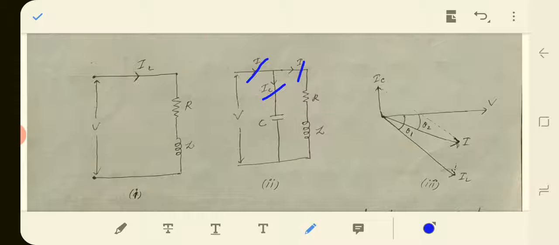Here we are seeing that this is the capacitor current IC.